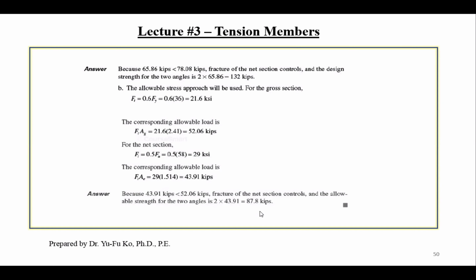So this is what it means. Based on LRFD, your effective load is 132, so you will fail in fracture. Based on ASD load, 87.8, it will also fracture for this tension member. So this will be the result for this calculation.